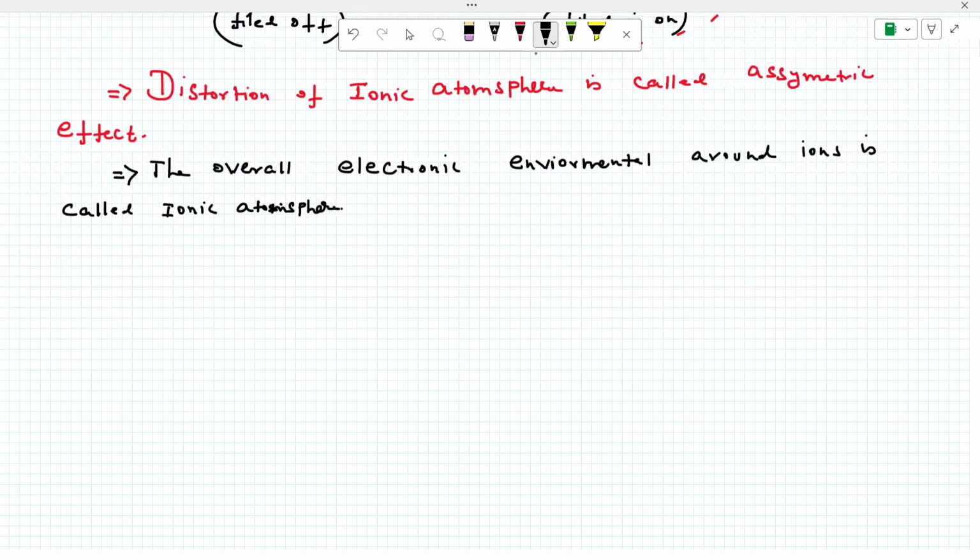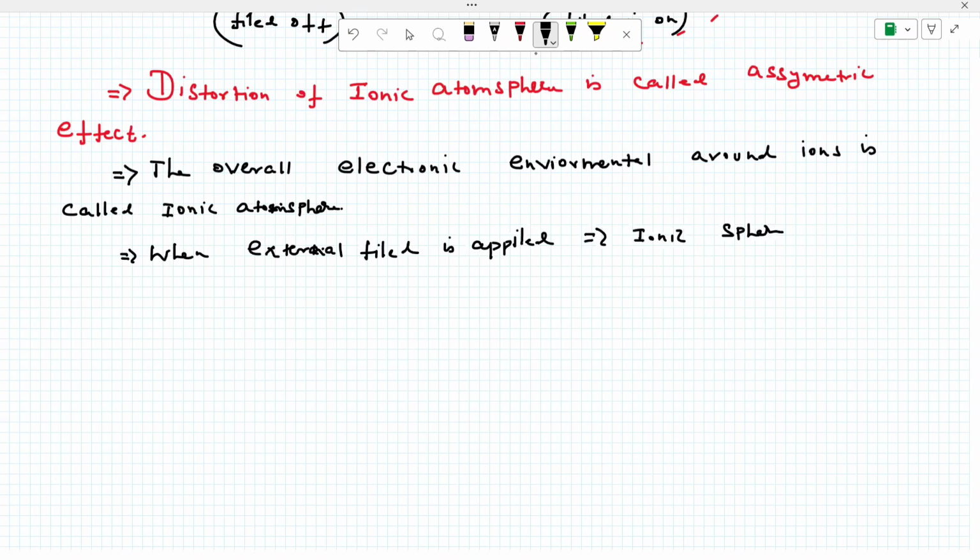Ionic atmosphere. Okay. When the external field is applied, the ionic sphere is distorted. Very important place. Distorted.